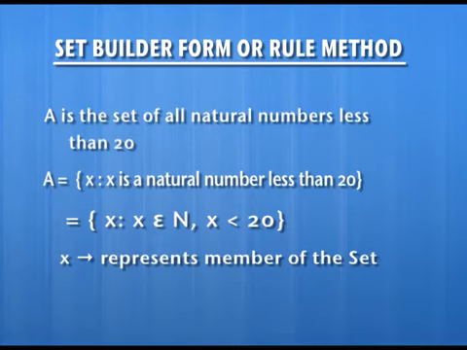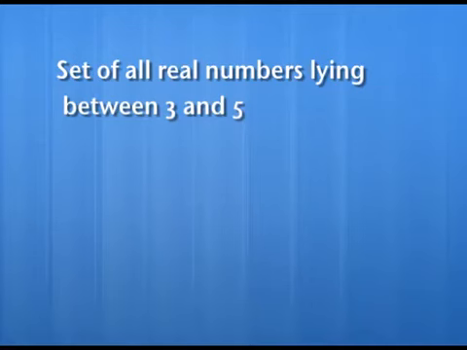The set builder form is very useful when we are unable to write down the set in roster form. Suppose I want to write down the set of all real numbers lying between 3 and 5. Will it be possible for me to write down all the real numbers? No. We cannot write all the real numbers between 3 and 5 separated by commas.